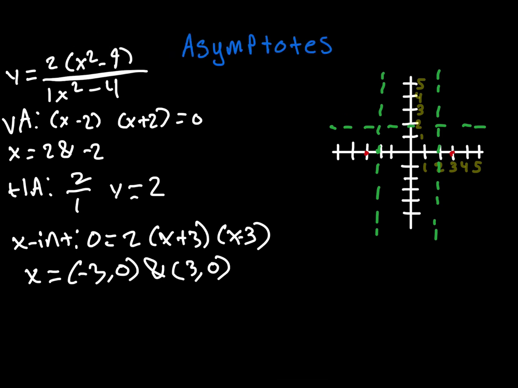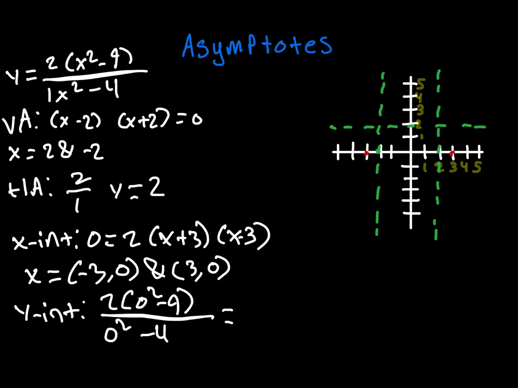Now moving on to our y-intercept, we have to plug 0 into our x. Also, you don't have to factor when figuring out y-intercepts. An easier way you could do it is just plug into your calculator and input 0 for x, and this would turn the equation into 2 times 0 squared minus 9 over 0 squared minus 4, which would equal negative 18 over negative 4.